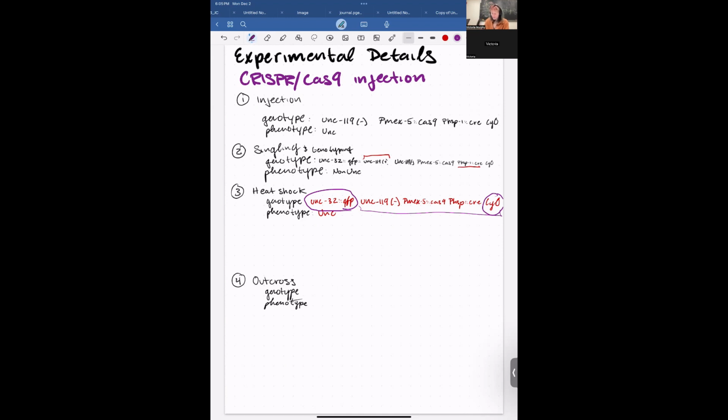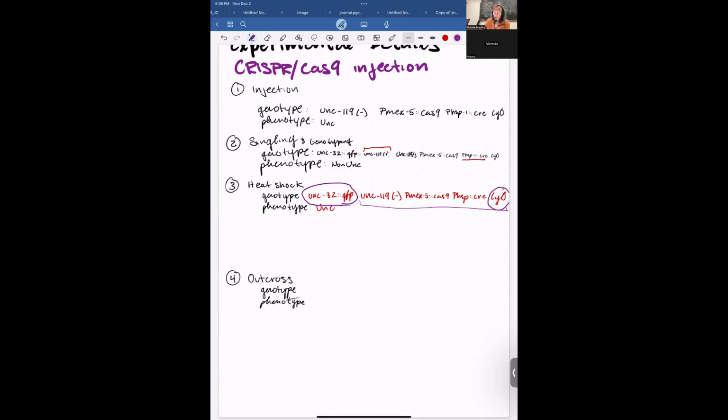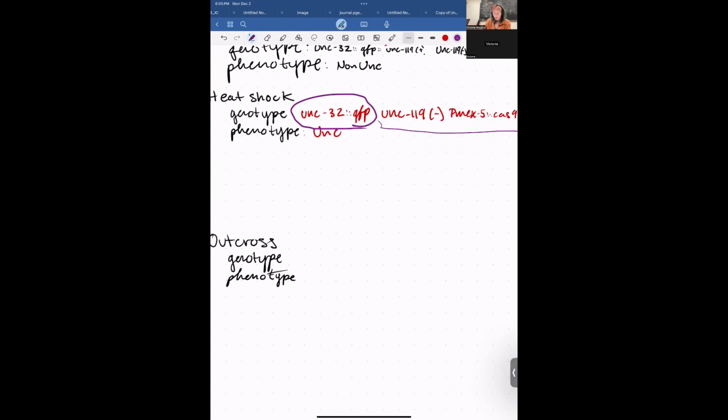So at the end of this, the genotype after outcrossing and homozygosing, we would get UNC32 GFP alone. And the phenotype now, because we've crossed out the mutation in UNC119, would be non-UNC.